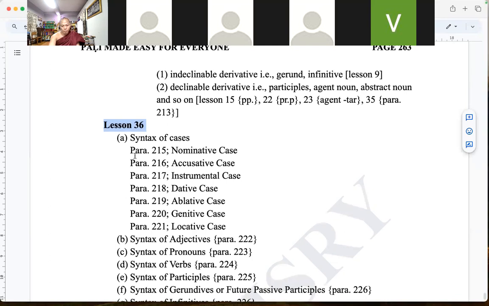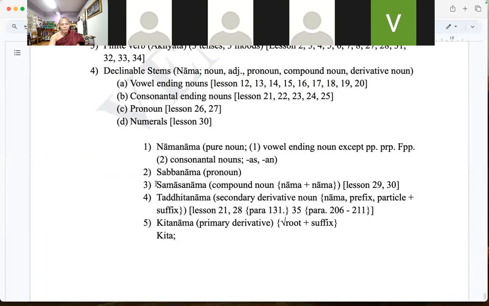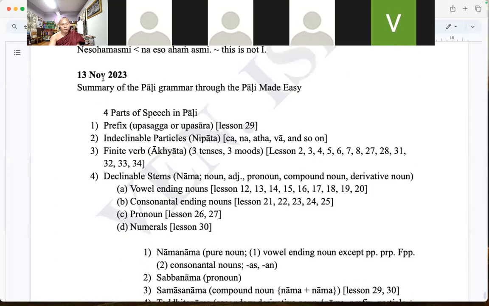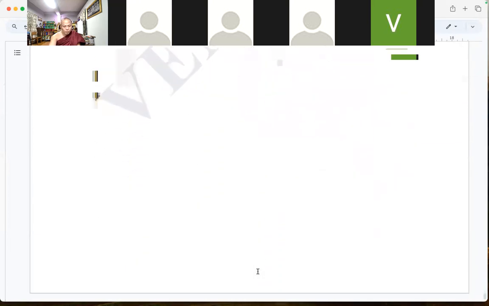The syntax of cases, the syntax of adjectives, the syntax of pronouns, the syntax of participles, and the syntax of gerundives or future passive participles should go under the noun part of speech, the declinable terms.